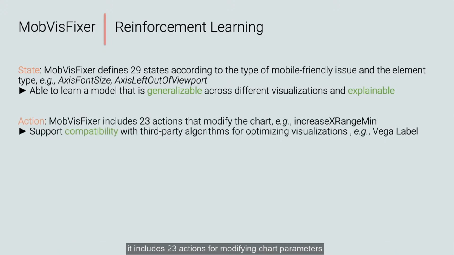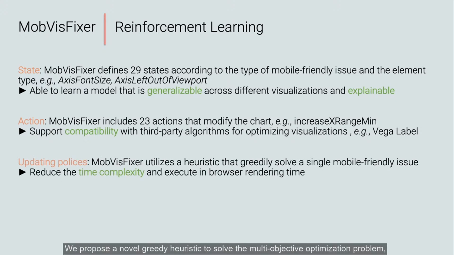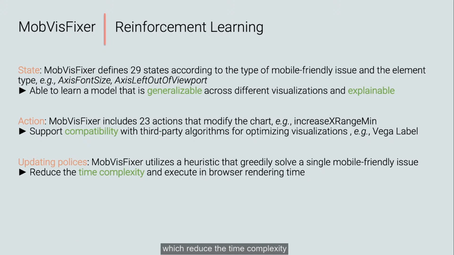It includes 23 actions for modifying chart parameters such as the axis range and offset values, which can be compatible with third-party algorithms for optimizing the chart layout. We propose a level greedy heuristic to solve the multi-objective optimization problem, which reduces the time complexity and allows the algorithm to execute in browser rendering time.